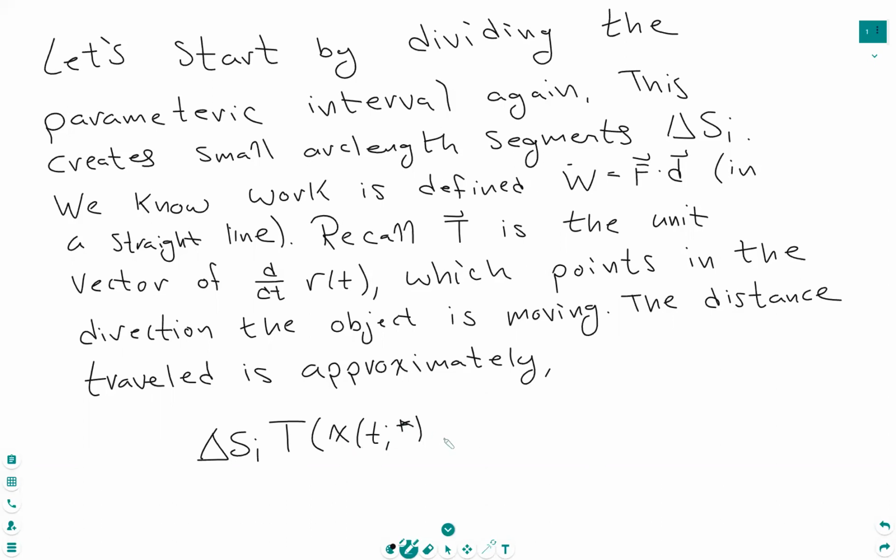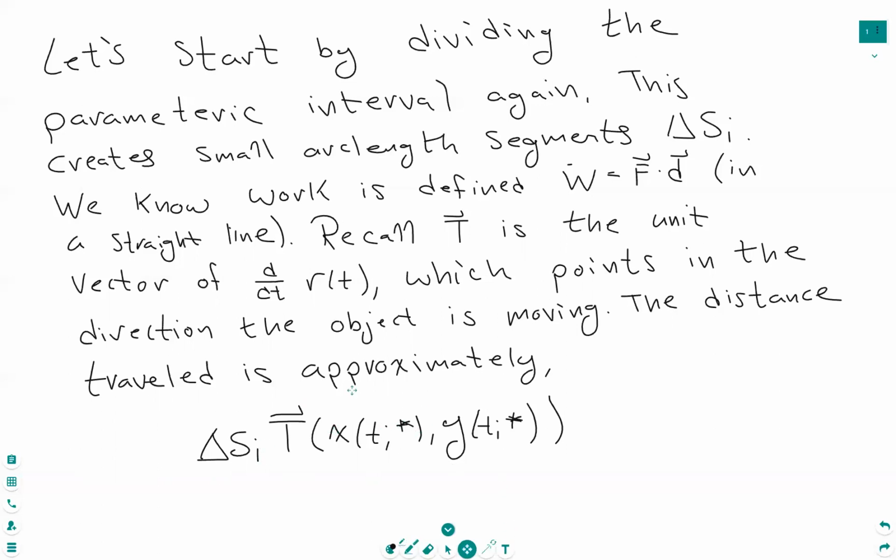This is our evaluation point. So this is going to be our distance vector, right? It's the direction that we're traveling in times the arc length of that small little segment, the length of that segment.